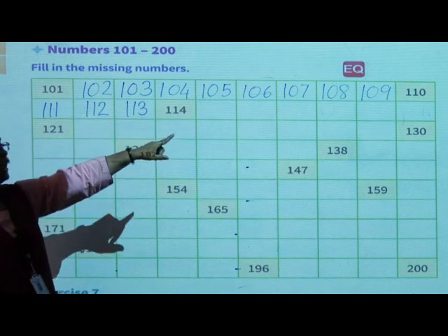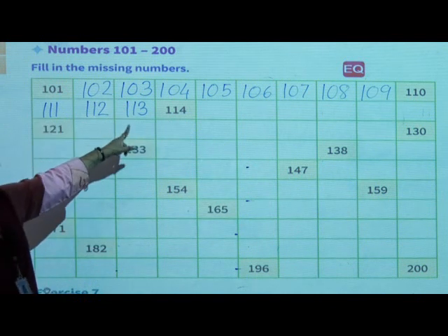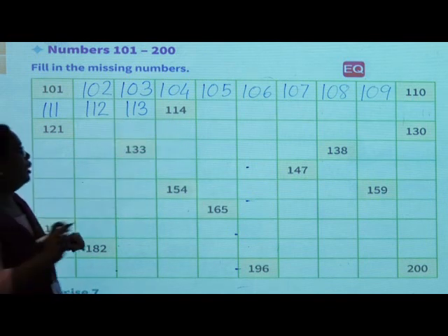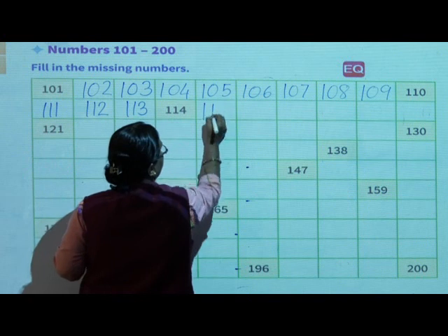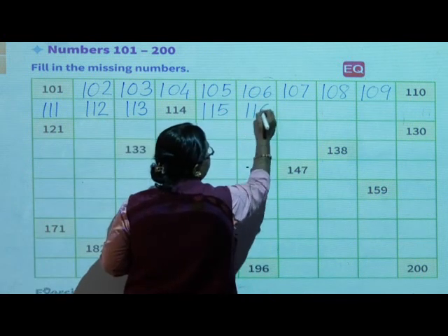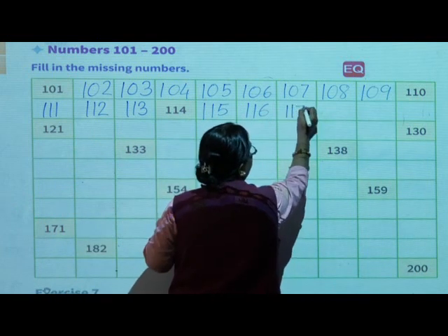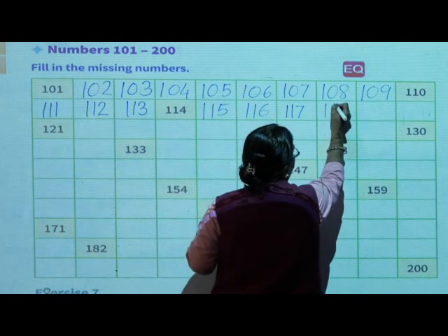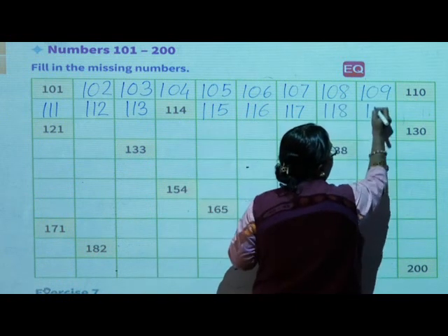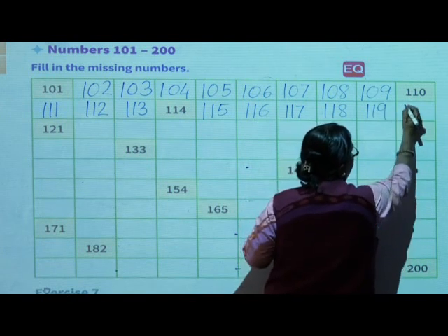After 110, we have written 111, 112, 113. Then 114 is given. Then 115, 116, 117, 118, then 119, 120.